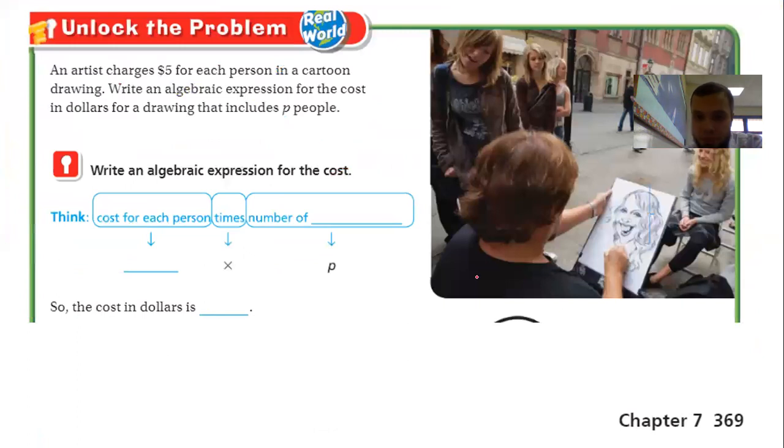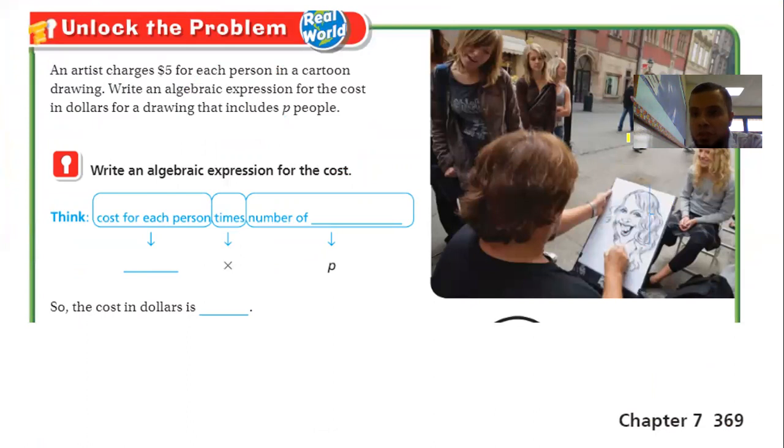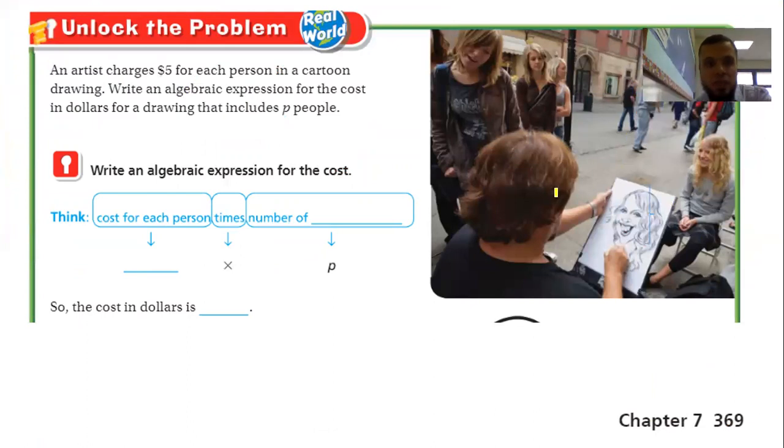Let us unlock the problem. As you see the picture, what can you see in the picture? I can see an artist drawing the girl that is sitting in front of him. An artist charges $5 for each person in a cartoon drawing.